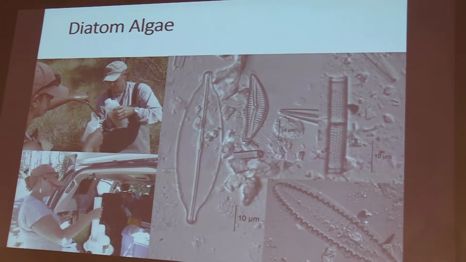This is showing the algae collection, which included epiphytic algae, where we scraped the algae off of plants that were in the wetland. We sent those off to a lab, and they identified them. And these are some of the images of the algae species that were found in our samples. They're just really amazing to me, these really microscopic images of these intricate diatom algae.